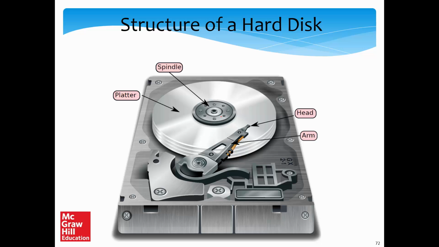The way the hard disk works is somewhat like this: we have multiple platters. If we count here, this is the first platter, second, third, and fourth. So we have four platters in the hard disk, connected together with a spindle. The platters rotate like this, right, at a fairly high speed.